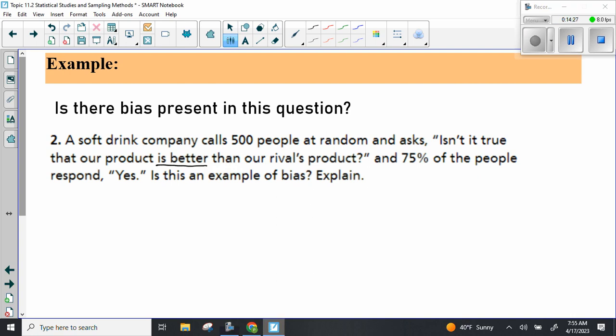A better way to frame this question would be, which product do you like more, or which product are you more likely to purchase, right? Then people have an option. You're not stating an opinion about that product in the question. So this is an example of bias for that reason. There was bias introduced in the question.